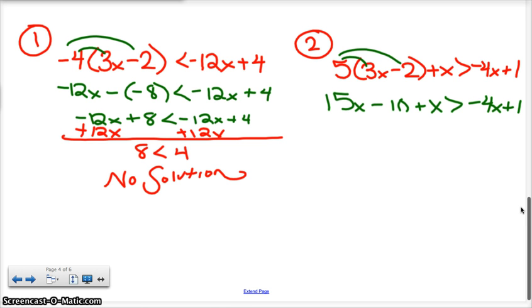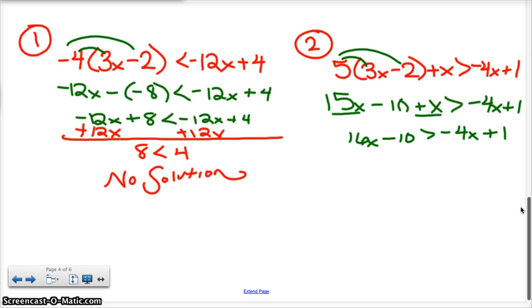That was step 1. Distribute. Step 2 says combine like terms, don't do the opposite. So 15x plus x, I have 16x. 16x minus 10 is bigger than negative 4x plus 1.